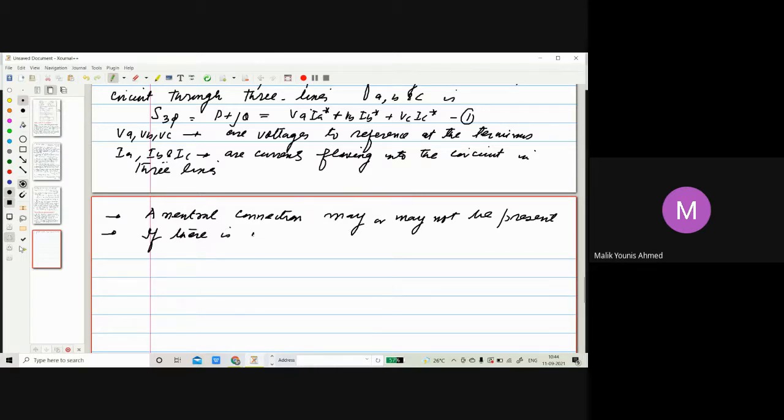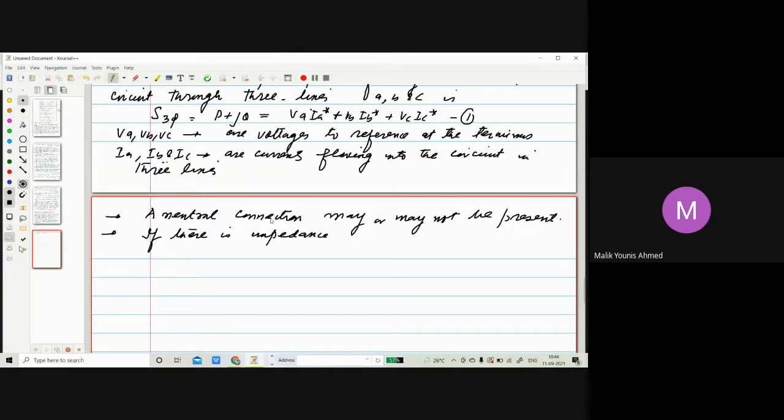If we have to calculate the power, the connection of neutral may be there or may not be there. The requirement is not mandatory, but still we can calculate.